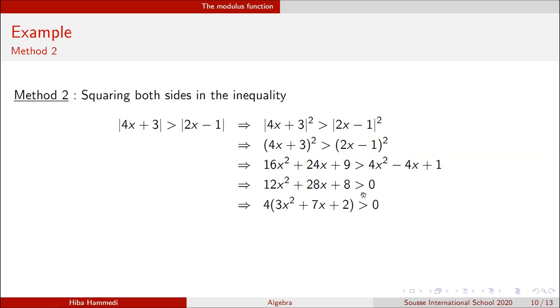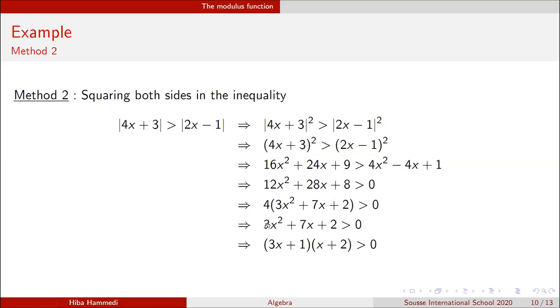Well, if I focus a little bit, I will see that all the coefficients are multiples of 4. So this is why I put 4 as a factor. And yeah, I can simplify by that 4. I will divide both sides by 4. So simplifying it like that, I will get 3x squared plus 7x plus 2 is more than 0.